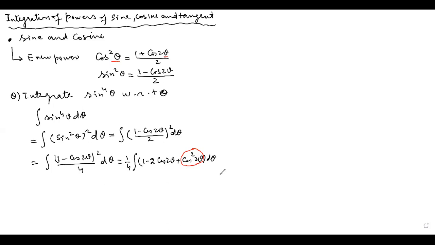Is there any confusion? Is there any confusion about this, how I have converted cos square 2 theta into 1 plus cos 4 theta over 2?